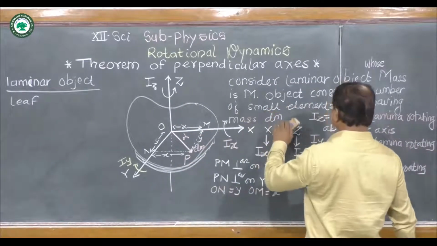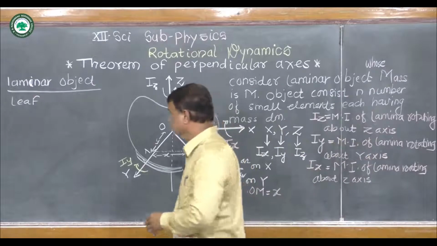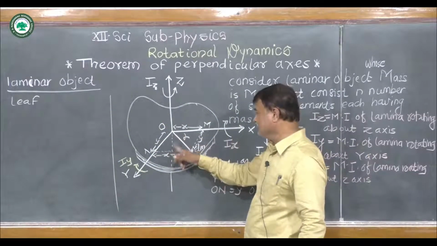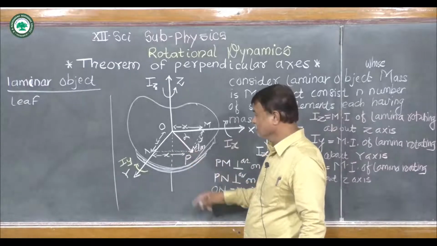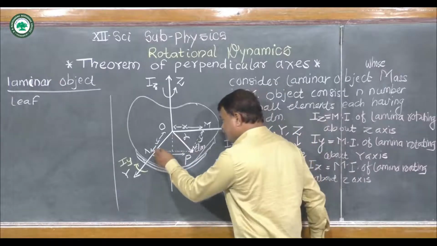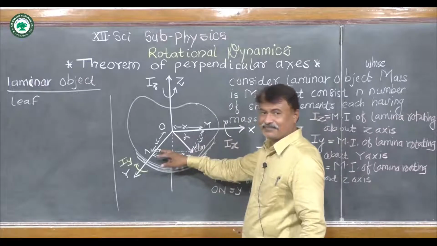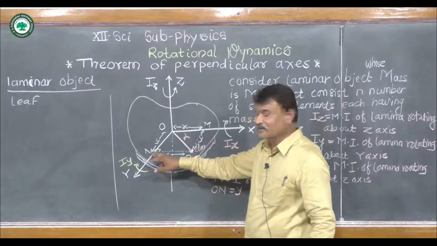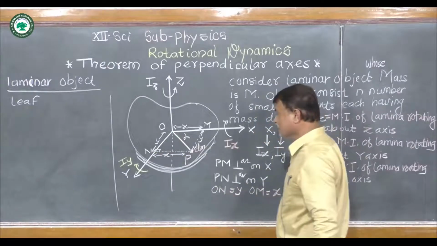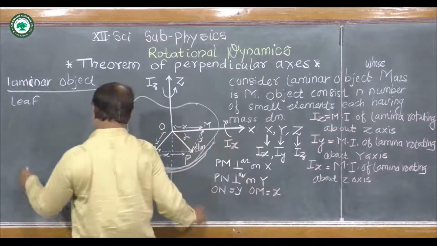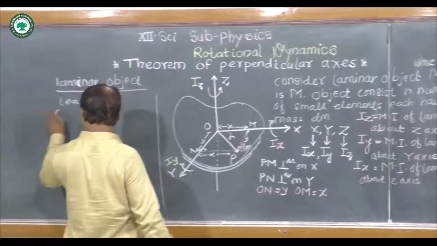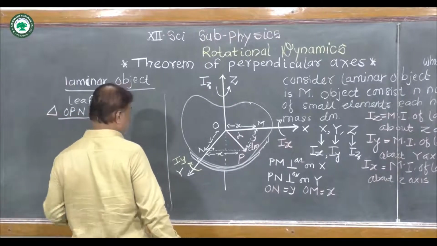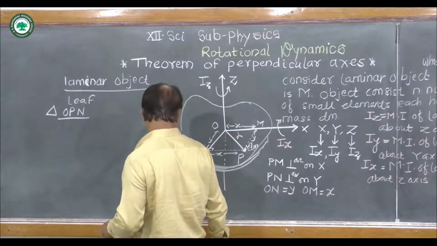Now we consider some geometry here. If you consider this triangle, this is a right angle triangle, because when we draw the perpendicular from P on the y-axis, this angle is 90 degrees. Consider the right angle triangle OPN.